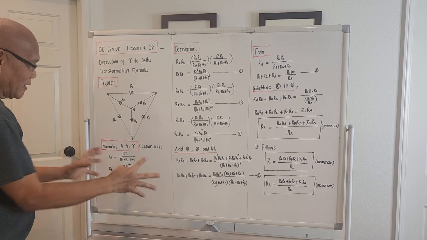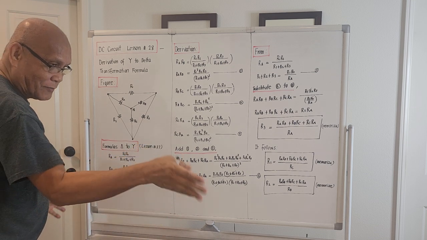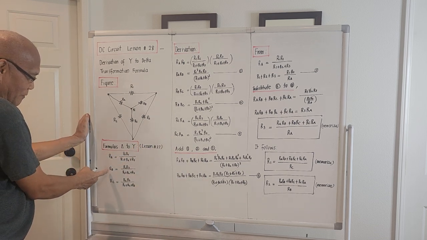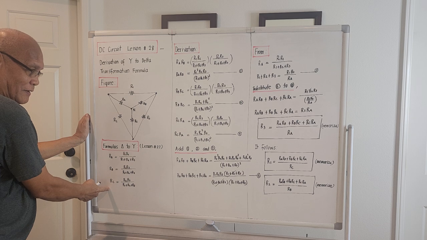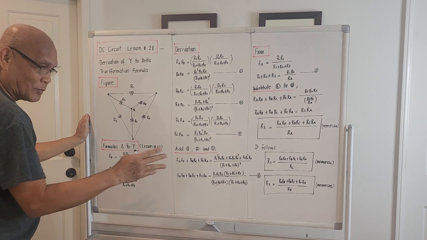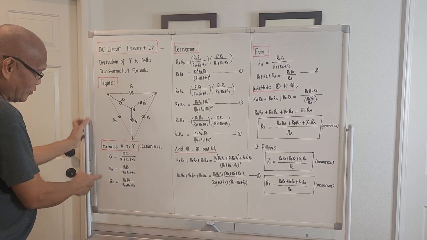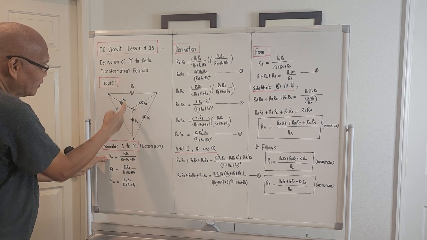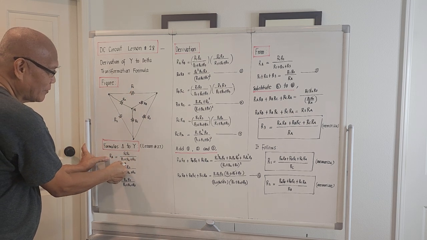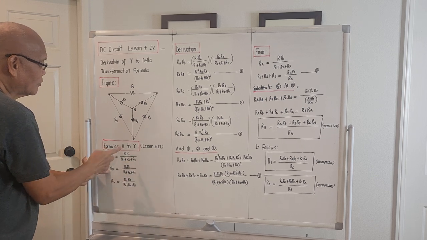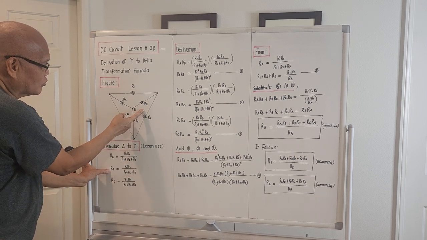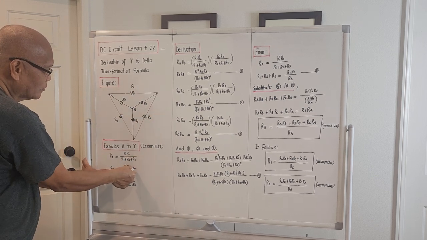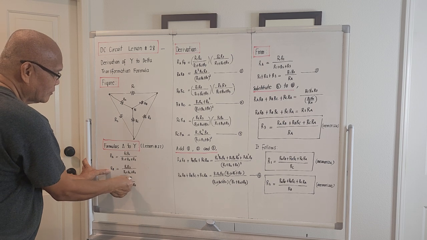So if I will try to bring out the derived formulas, lesson number 27, this is RA, RB, RC. The right hand side are with the subscript 1, 2, 3. So if we try to compute for R sub A, it will be the product R1, R2 all over the summation. If we try to compute for R sub B, it should be R1, R3 as a numerator all over the same denominator.